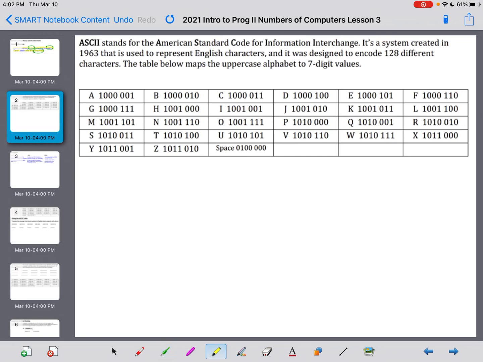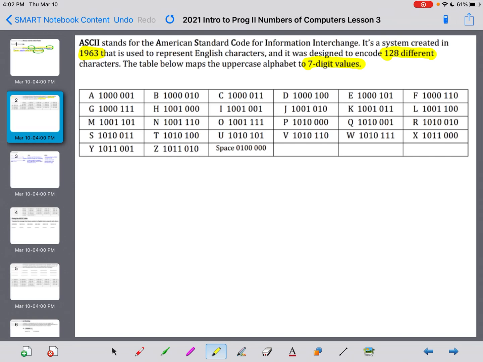So, some key things here. This was created in 1963. It uses 7-digit binaries to deal with the 128 different characters to encode into binary.